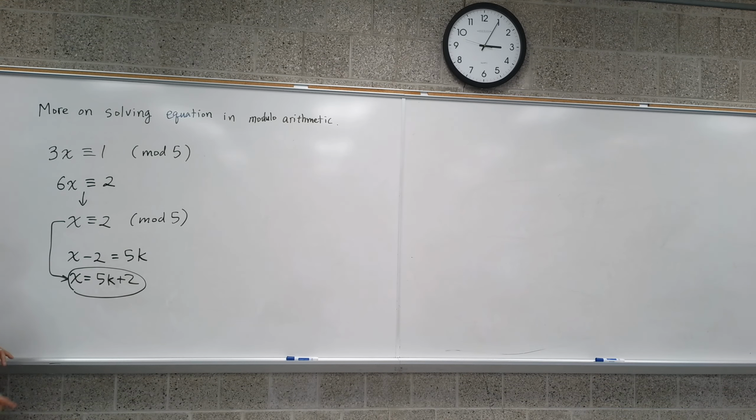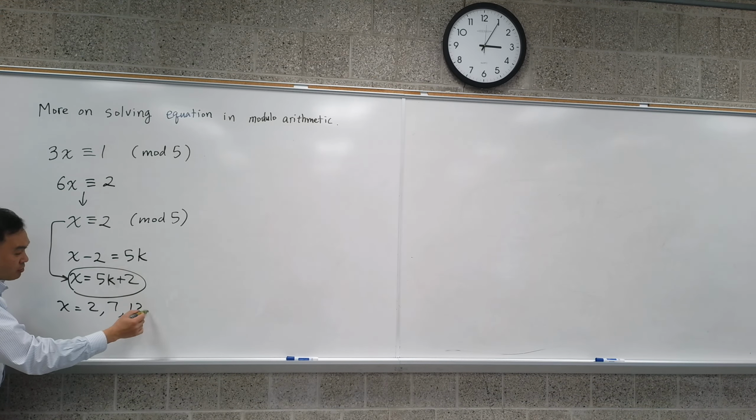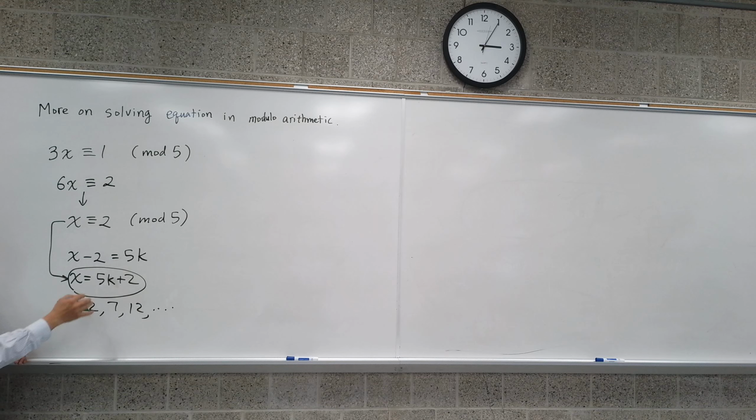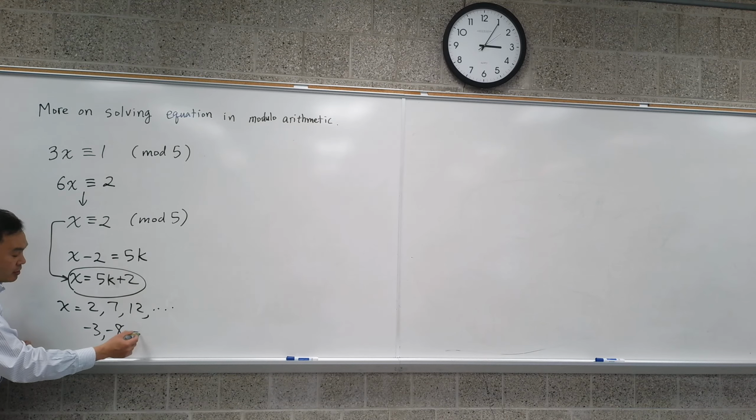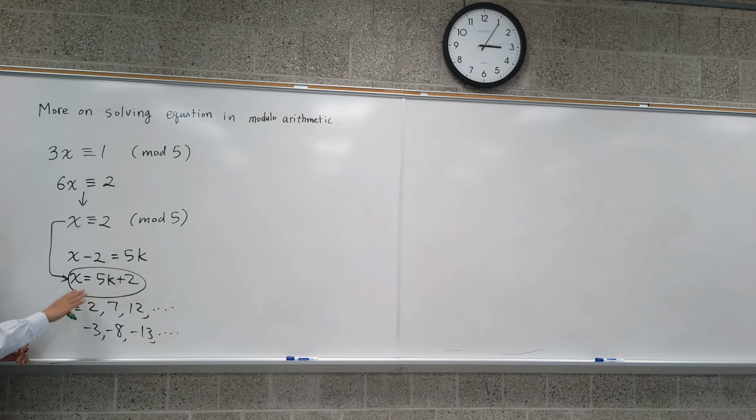Now, since this k can be anything, this is not a single number that's a solution. That's actually saying x could be 2, then add 5 to get 7, add 5 to get 12, and you can also go by plugging in -1 as well. If you plug in -1, that's -3, and then you subtract 5, -8, -13, and so on. So all of these are possible solutions.